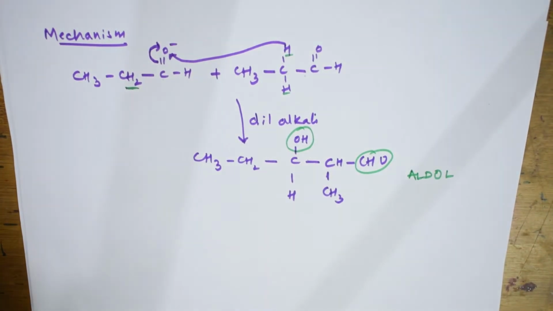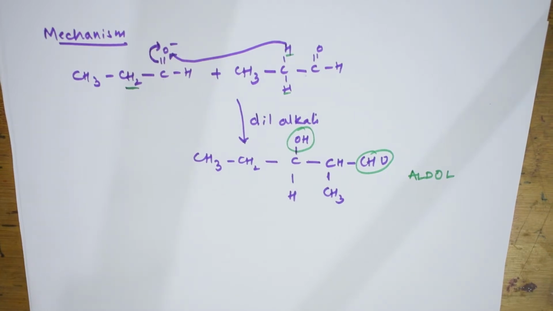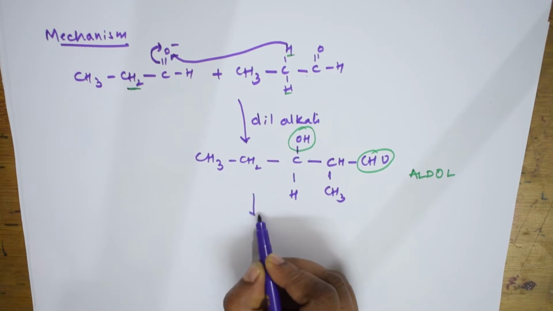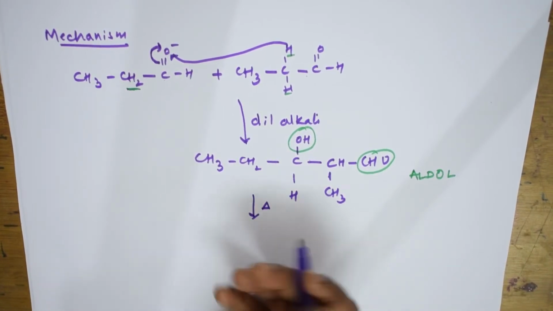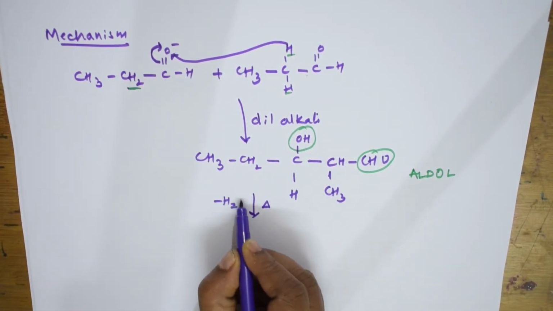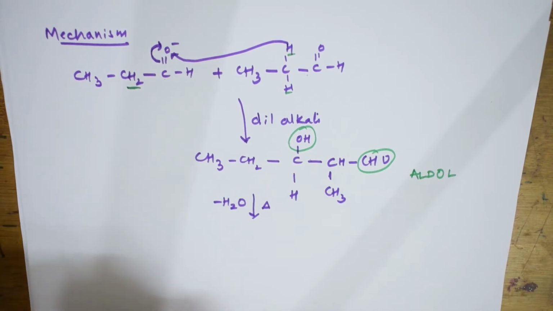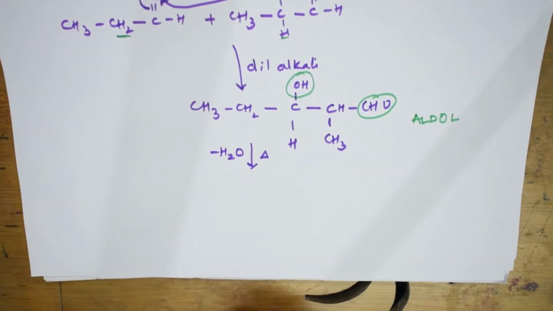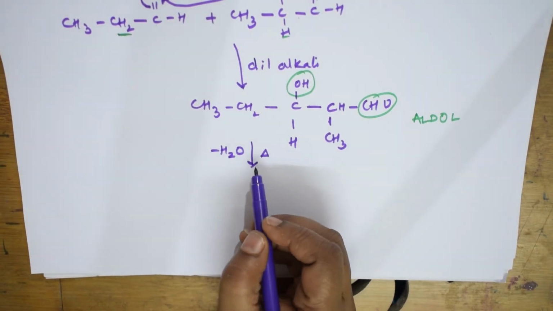Done, students. Now you're going to take this aldol product. Still the process is not complete. We need to dehydrate it, isn't it? Now you're going to warm, heat this, then the dehydration process starts off. Done. So during this dehydration process, what are we going to take? We are going to take out water.